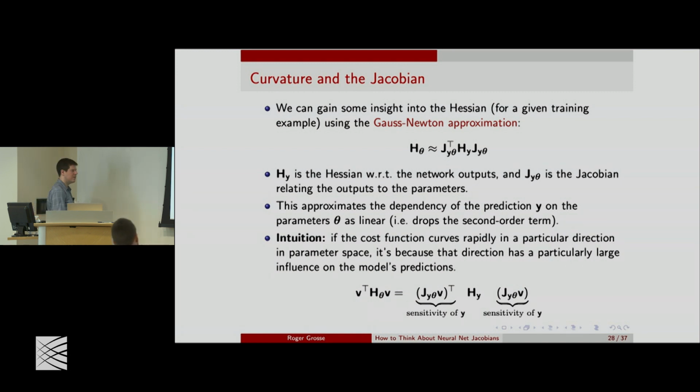The Jacobian times v basically says how sensitive the network's outputs are to that direction in parameter space. The reason you have high curvature in some direction is that moving in that direction changes the network's outputs a lot. Moving in some other direction might not change them very much.